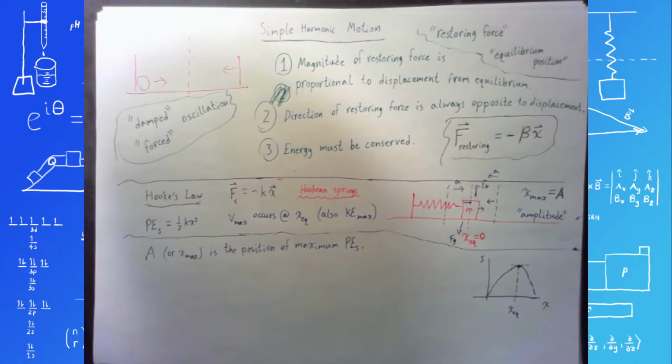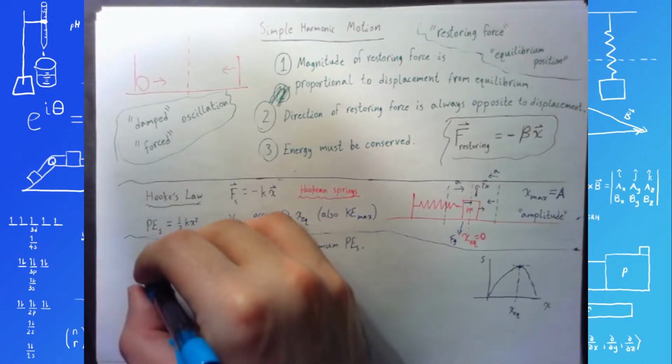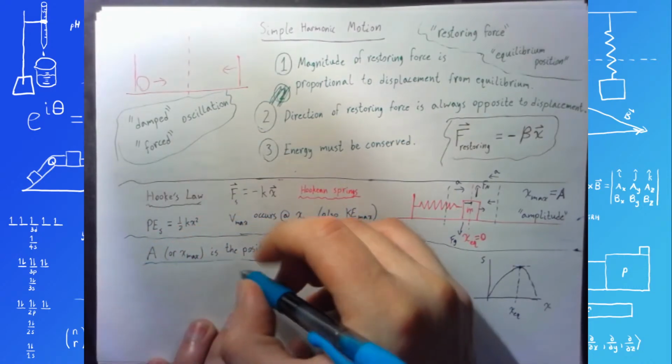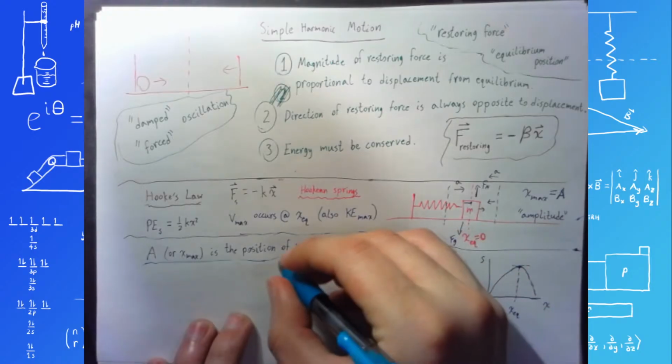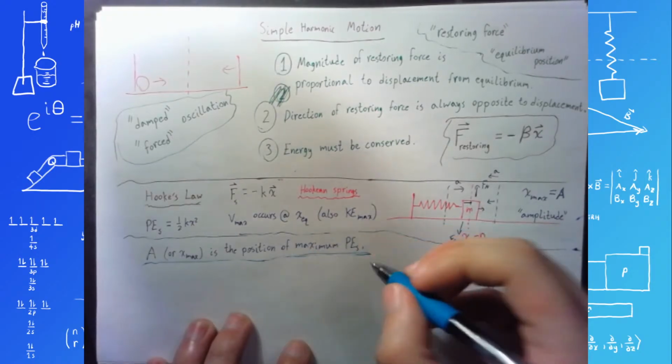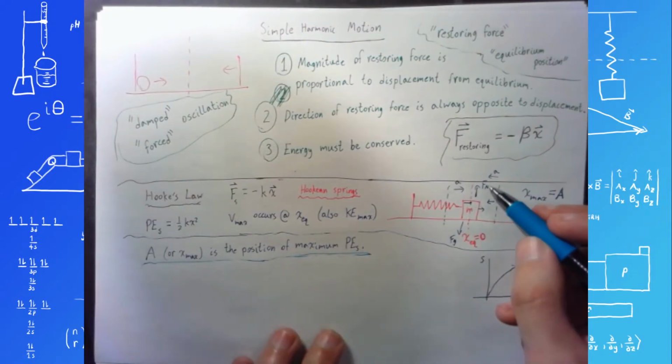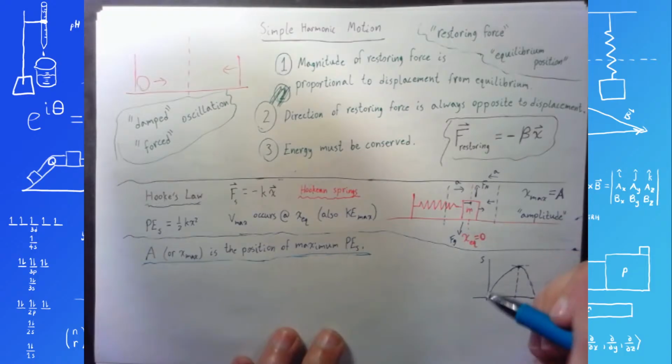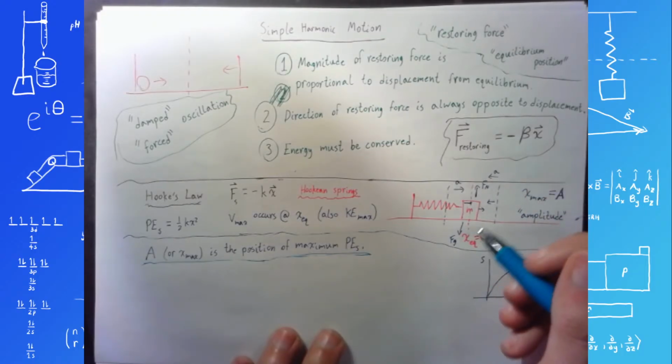And if we apply conservation of energy here, then we can see why this all makes sense. We can just further convince ourselves that all of this is true. So we said the normal force and the gravitational force cancel each other out, so no net force there.